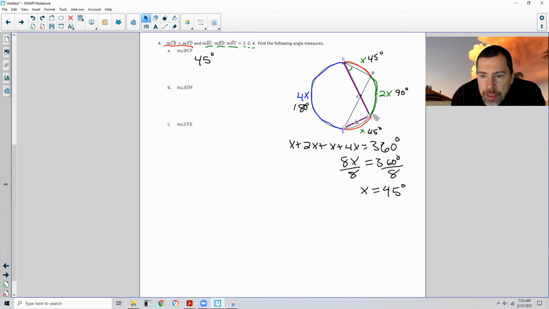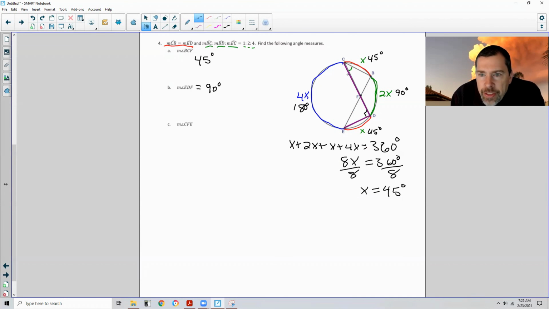I'm sorry, that'd be here. EDF, but I'm going to extend F to C because then I notice that it intercepts arc EC, which is 180. It's an inscribed angle, I mean. It intercepts this arc. Inscribed angles are half the intercepted arc. So the measure of angle EDF has to be 90 degrees. That is a right angle.